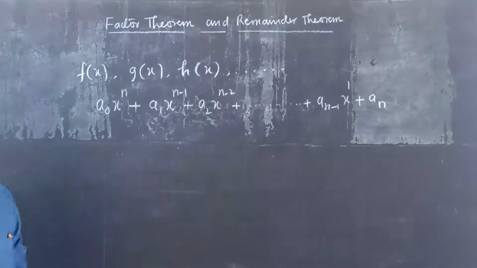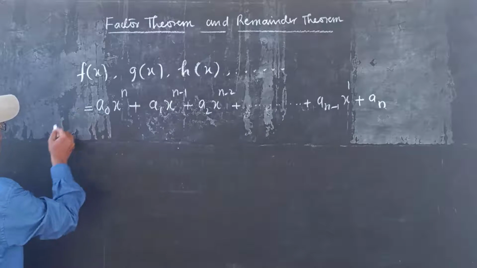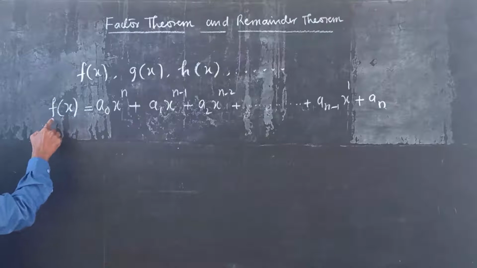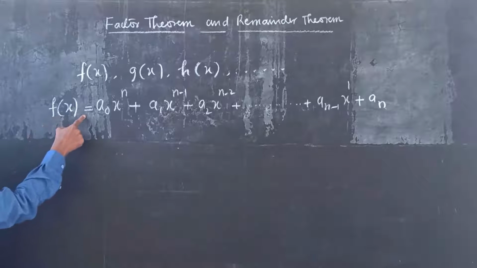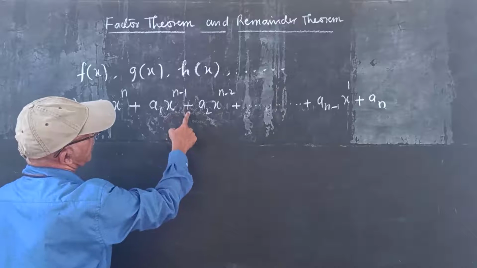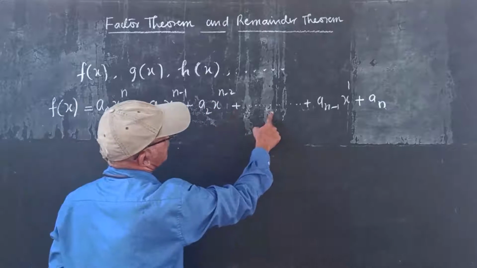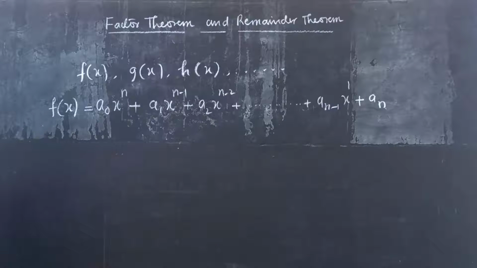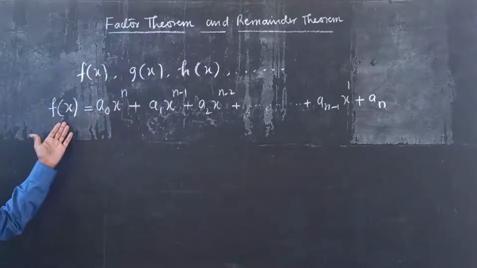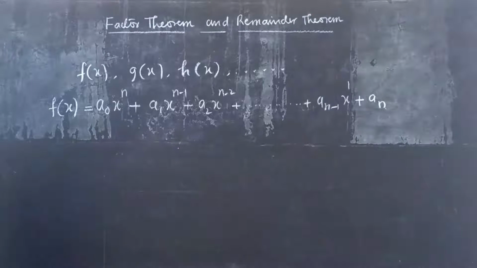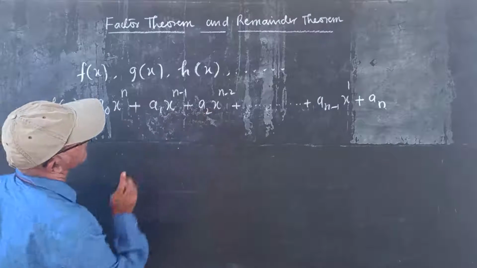This is a polynomial, and we denote this polynomial with fx or function of x. So simply fx you can read. Fx is equal to a naught x to the power of n plus a1 x to the power of n minus 1 plus a2 x to the power of n minus 2 plus etc. an minus 1 x plus an. So this is the notation you can also take, instead of fx, you can also write gx. Similarly, you can write it as hx. It is a polynomial in variable x.